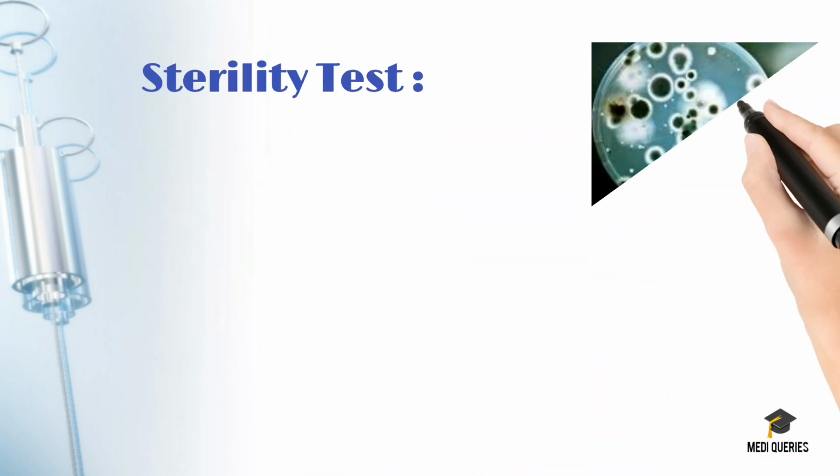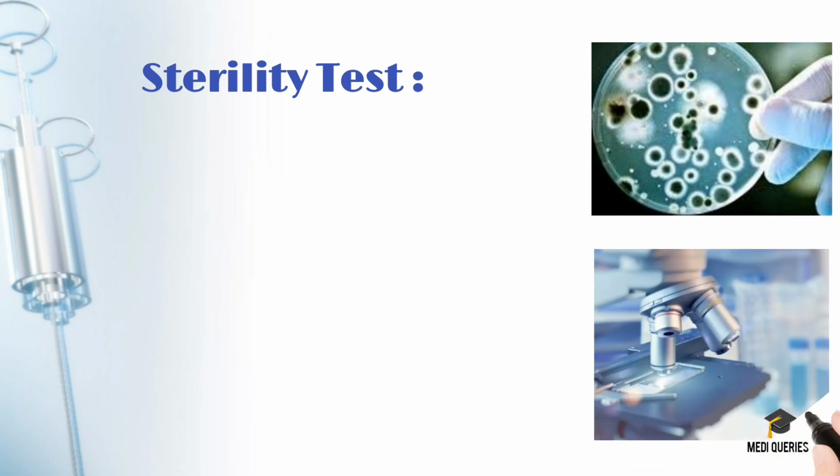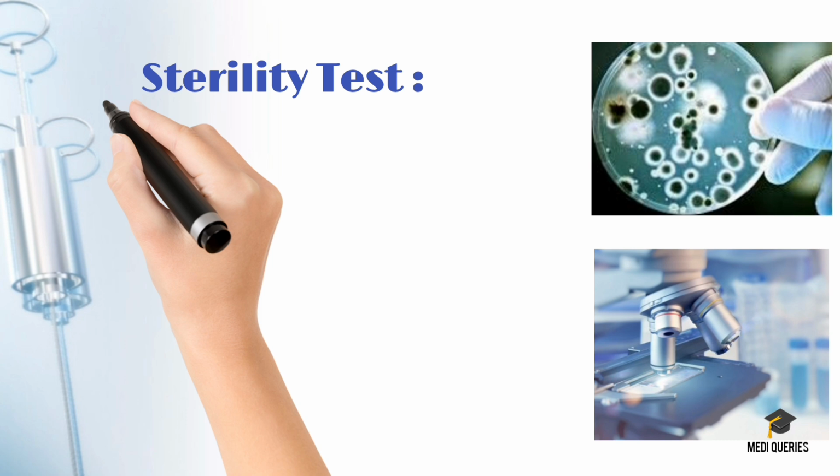We will see clearly. So the first method is the membrane filtration method. The method is preferred for oily preparations, ointments that can be put into a solution, or non-bacteriostatic solids not readily soluble in the culture media, or for soluble powders or liquids that possess bacteriostatic and fungistatic properties.